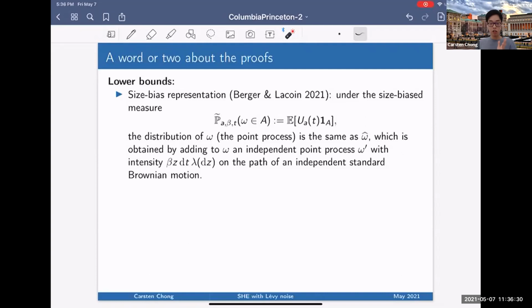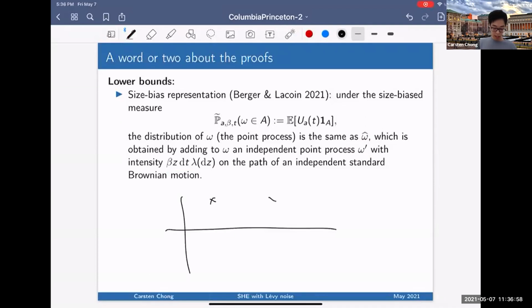Okay, and now what you can show is you can characterize this new measure. If you change to this new measure, what actually happens is you add additional points to your original point process. So you add an independent point process, omega prime, with a specific intensity on the path of an independent standard Brownian motion. So let me visualize this. I think it's easiest if I draw a picture.